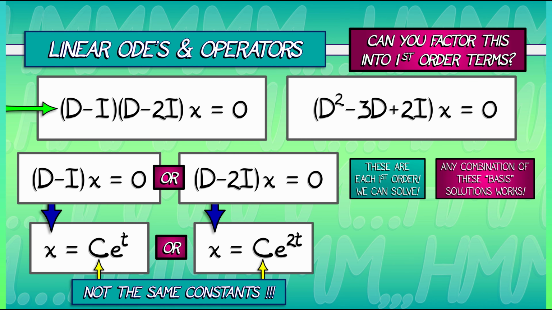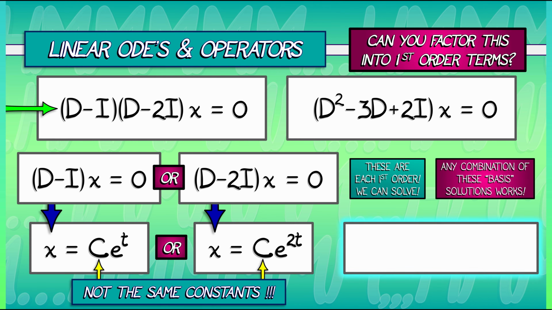Because differentiation operators are linear, adding these two together and hitting them with these differential operators, you're still going to get 0. So the full solution to this second-order ODE is x as a function of t is some constant, c1, times e to the t, plus some other constant, c2, times e to the 2t. You can check that anything of this form solves that differential equation.